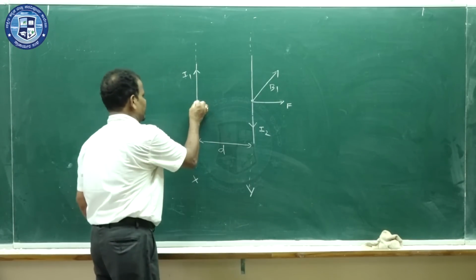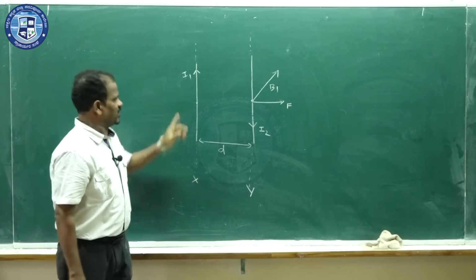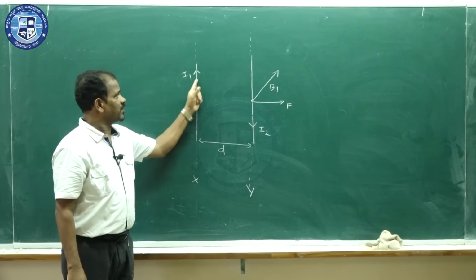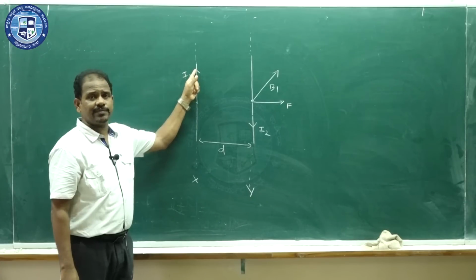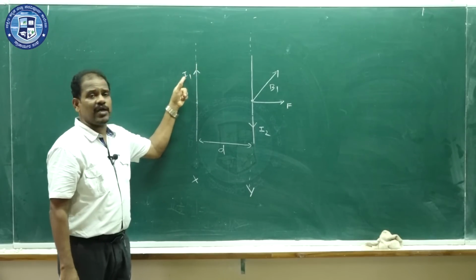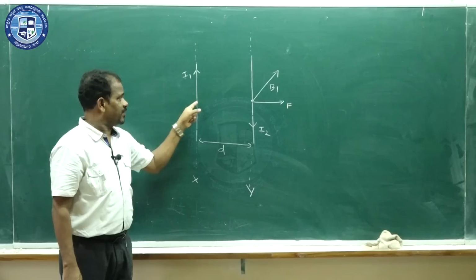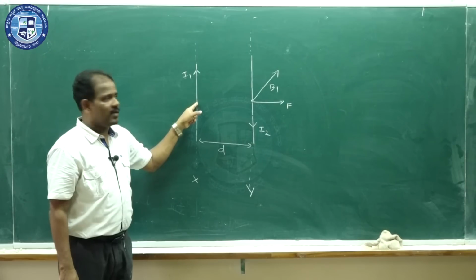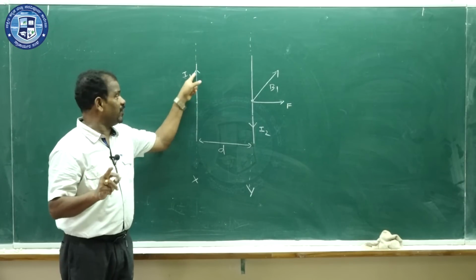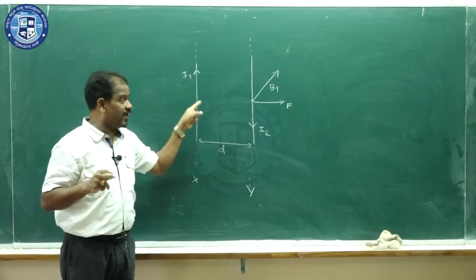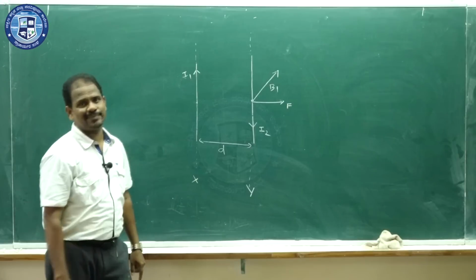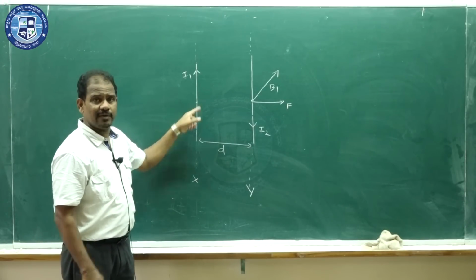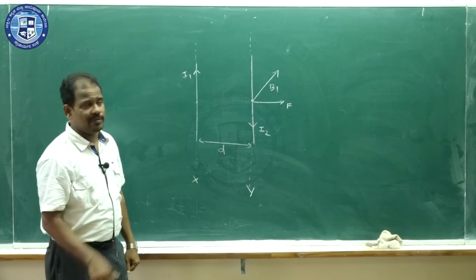Now you see for X, this is a wire carrying current, and the direction of the current is upwards. The current is I1. Here, is there any magnetic field? Yes. Here there is no magnetic field due to I1, but here there is a magnetic field due to I2. How to find the direction of the magnetic field here? Applying the right hand clasp rule.